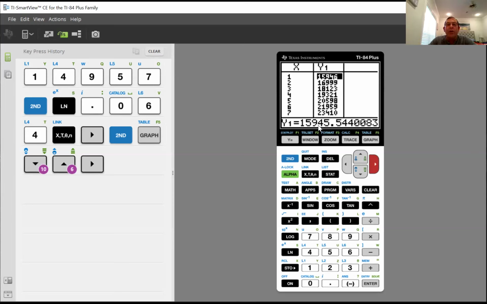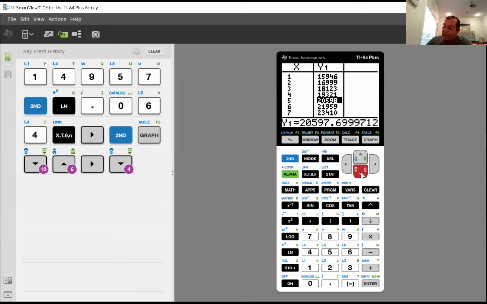Now, next was 2 years. So 2 years, when I click on that Y value, I get 16,999 point, looks like that'll stay 42. Next was 5 years. So let me go down here to where I had X value of 5.